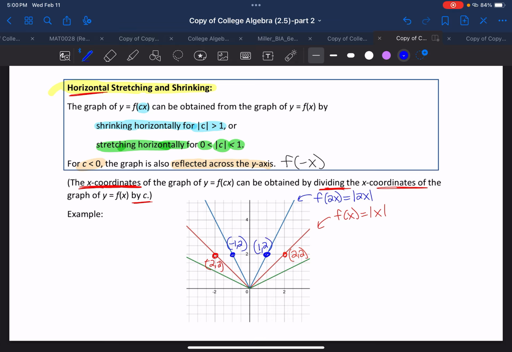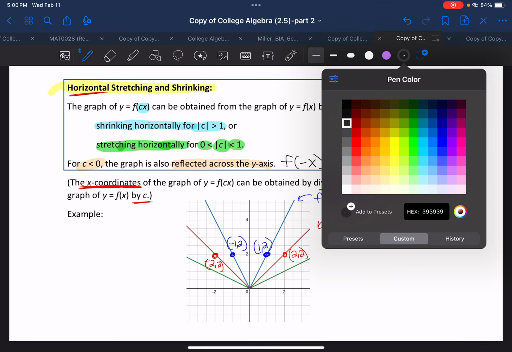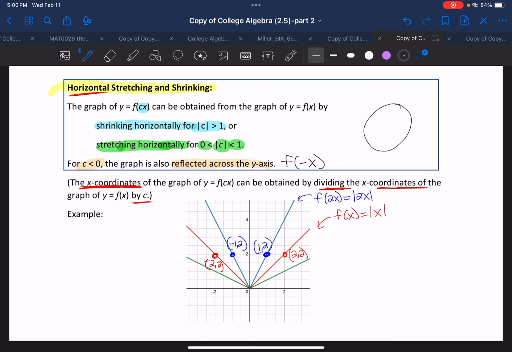And again, this is a horizontal shrink. So let me do my little circle example here. If I have a circle and I tell you to grab it on the left and the right, and I tell you to shrink it horizontally, that means to push it in. So it would get narrower, look like this.